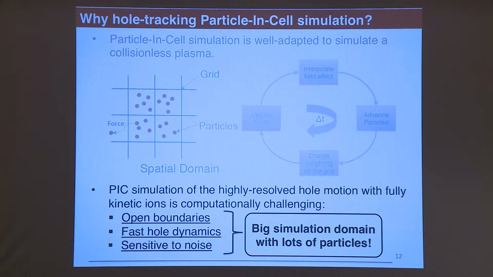And the PIC simulation is very sensitive to noise. You need a large number of particles in order to reduce the statistical noise, and this noise is very sensitive to the particle density in that simulation. So this all implies that if you were to choose a static domain, you would need a big simulation domain with lots of particles, which is a high computational cost.